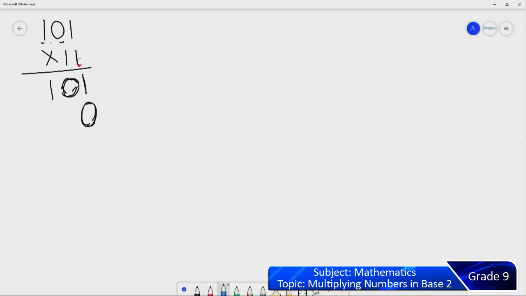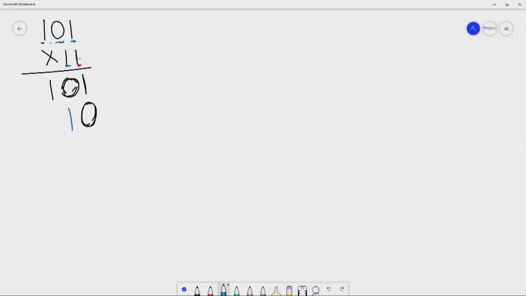So here we go. Now we have this 1 multiplying 101. 1 times 1 gives us 1. 1 times 0 gives us 0. And finally, 1 times 1 gives us 1.